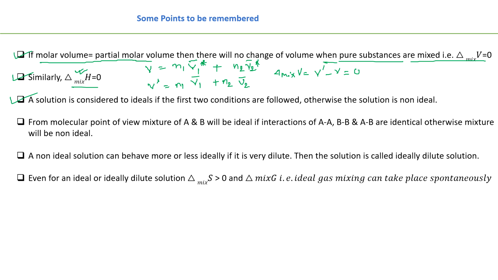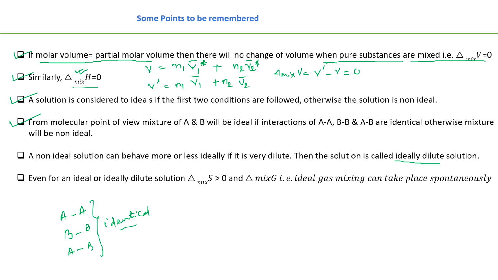From a molecular point of view, a mixture of A and B will be ideal if AA, BB and AB interactions are all identical. If all interactions are identical, then only can we say that the mixture is ideal. Now what is an ideally dilute solution? Ideally dilute solution, right?